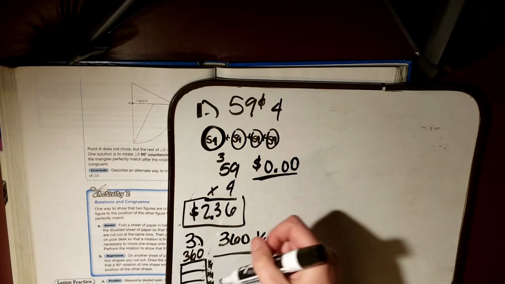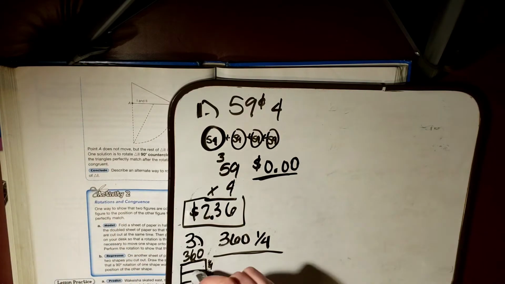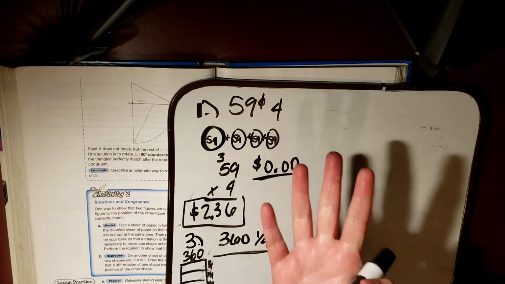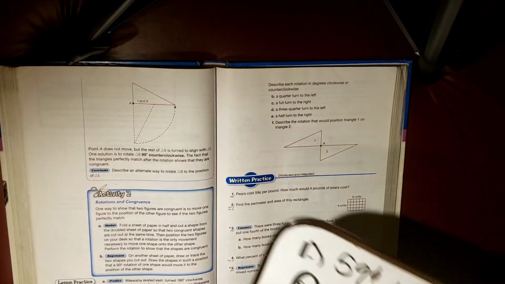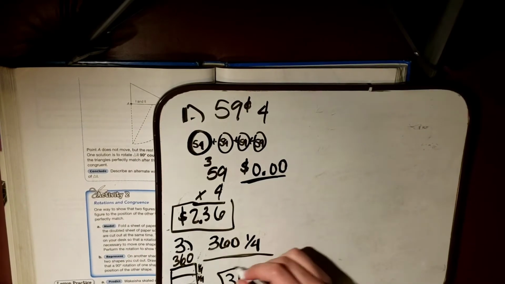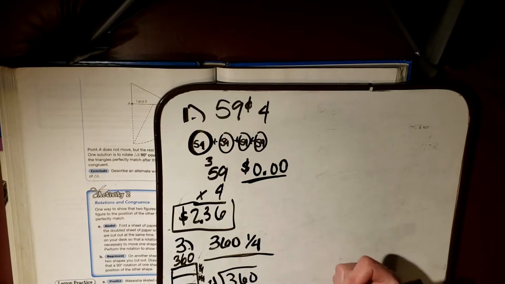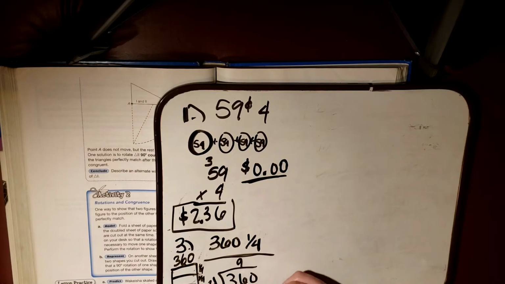So even though I haven't done the math yet and I don't know it off the top of my head, I would guess that this is going to be 90, because that's what we kind of talked about with 360 degrees. So let's see, we're just going to divide 360 by 4. So 4 goes into 36, which we just did up here 9 times. 9 times 4 is 36.